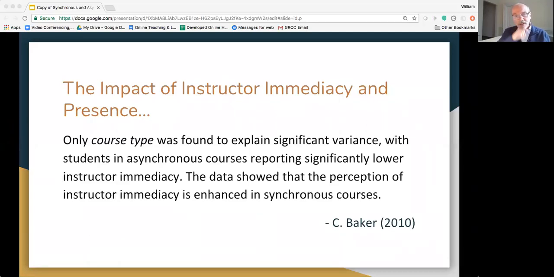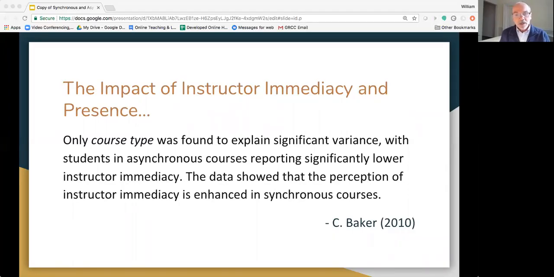They also found that the combination of instructor immediacy and presence was a statistically significant predictor of student effective learning, cognition, and motivation. Students were engaged, they felt involved, and they were more motivated in the course.